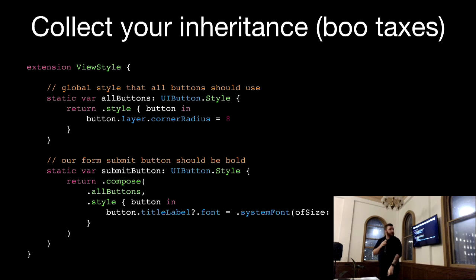Cool. So that's the last example. It's just keeping the common style separate from everything else. So that means that for your submit button, when you apply the submit button style, it inherits from all buttons and then just applies the specific one.